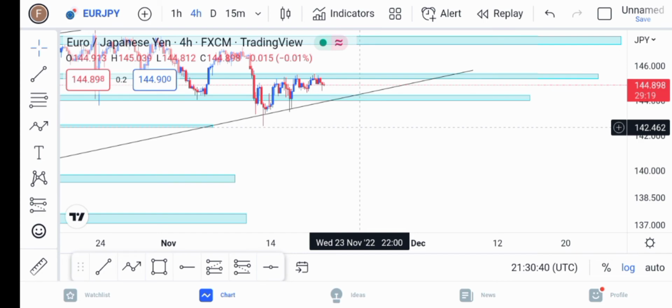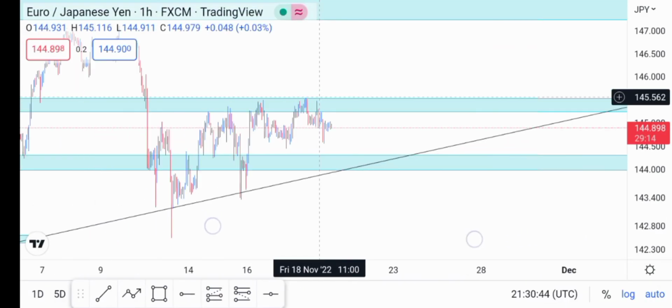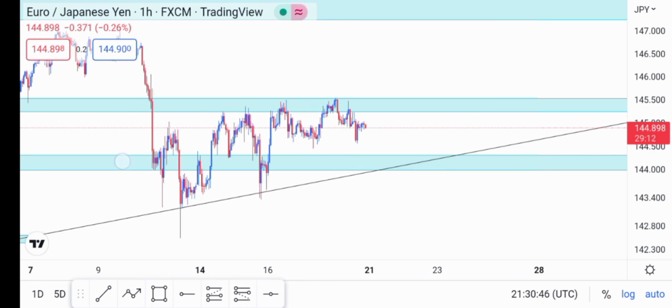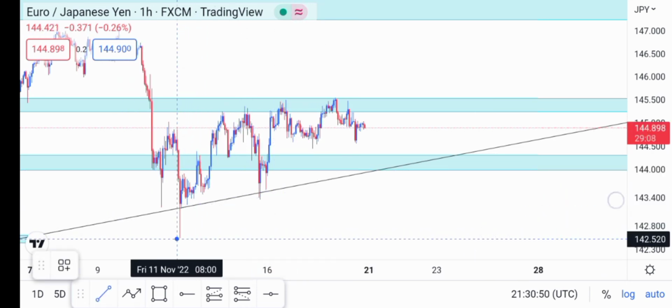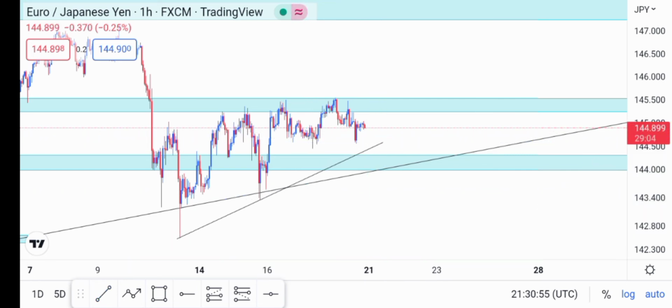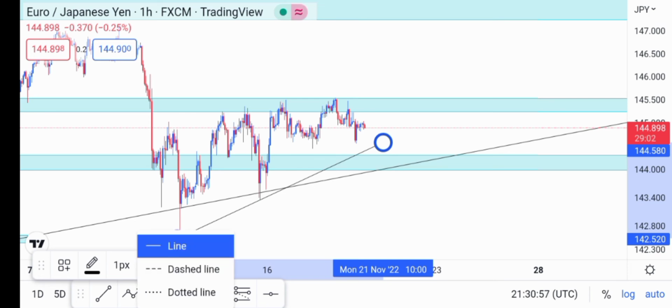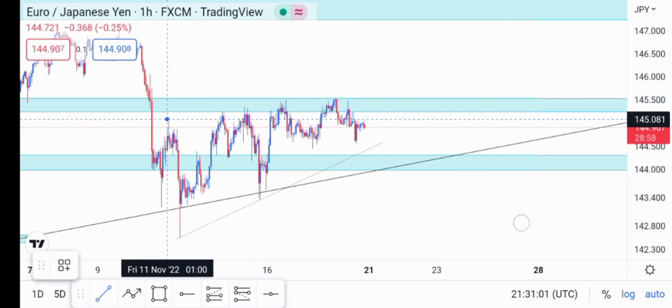So let me move to the 1-hour time frame. Okay, there it is. So let me use this. Starting from this point right over here, I can see this. Okay, let me use the dotted lines, and starting from this point right over here.